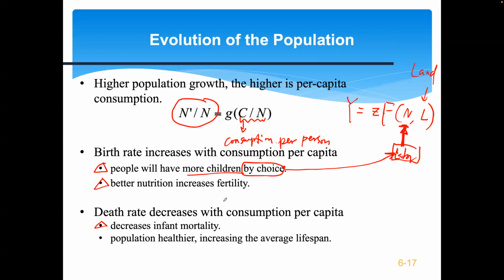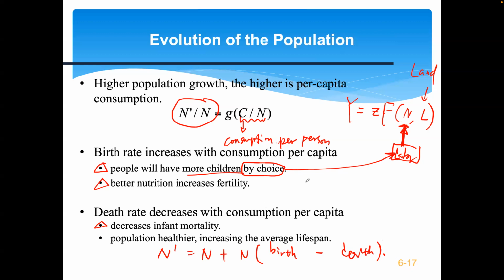And finally, we have the equation as we saw earlier in the previous slide, N prime equals N plus N times birth rate minus death rate. Right?